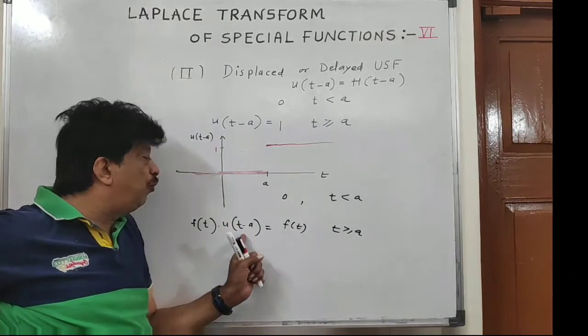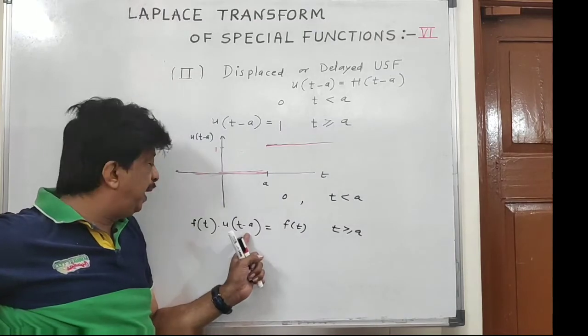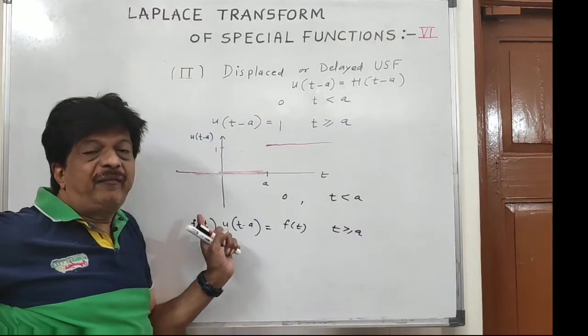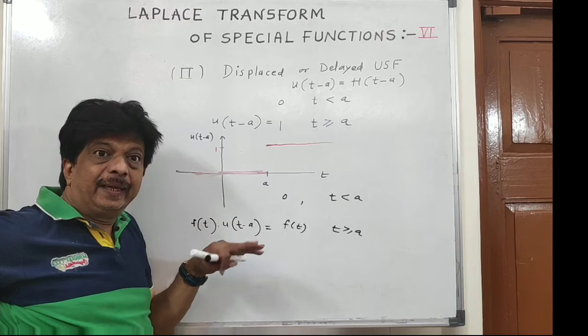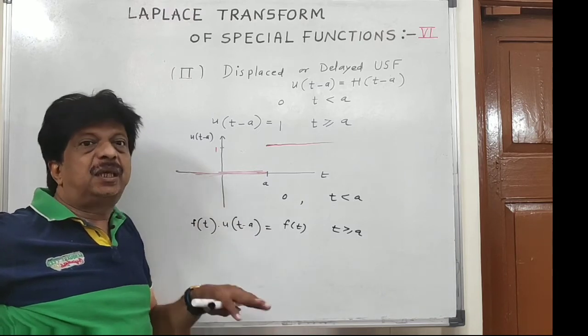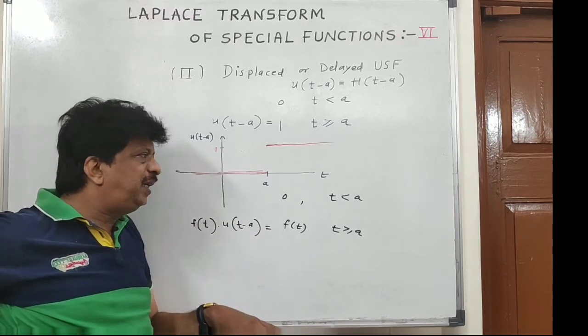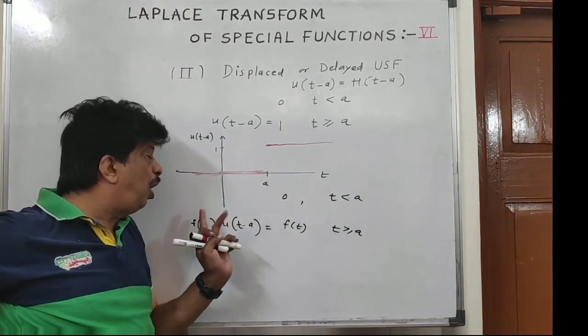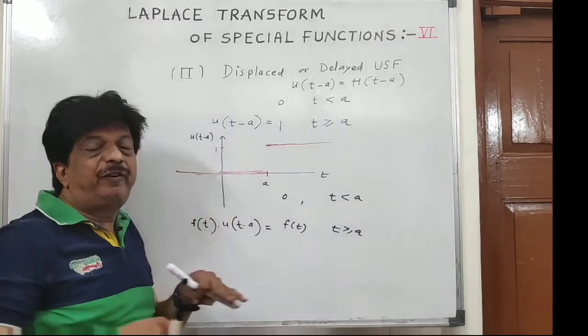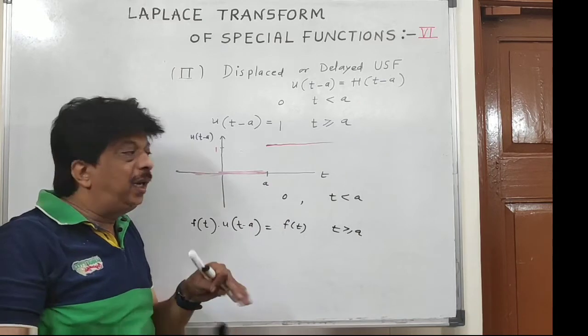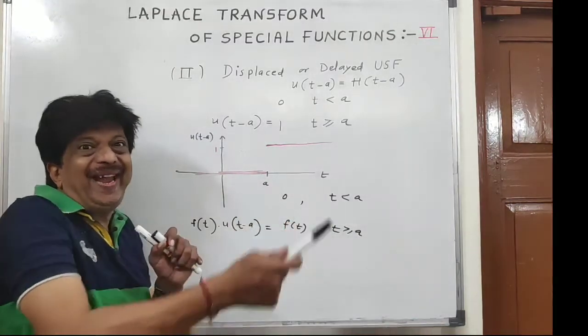So, what does it mean? The effect of multiplication of u of t minus a with any arbitrary function f of t means that the portion of f of t towards the left of point a is filtered or curtailed.